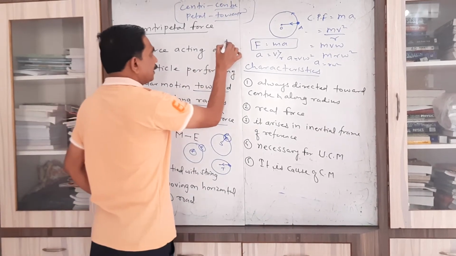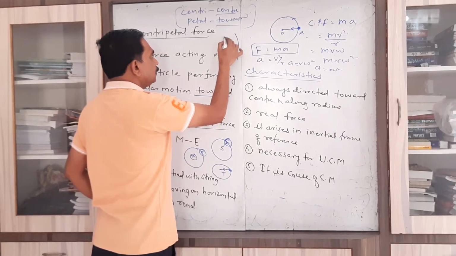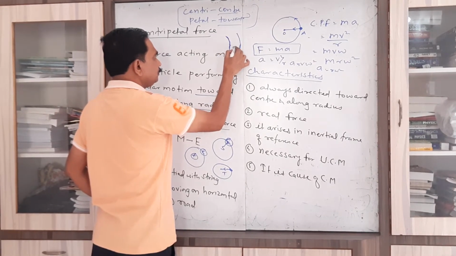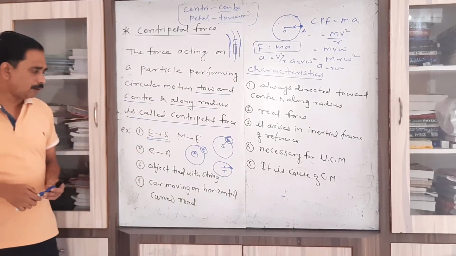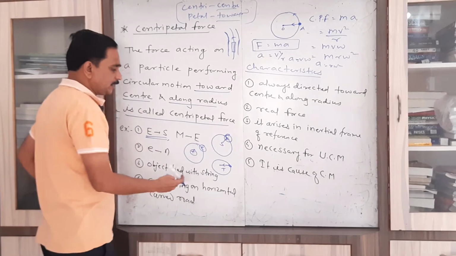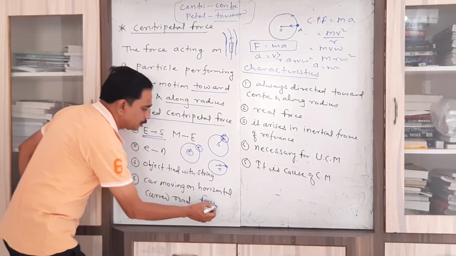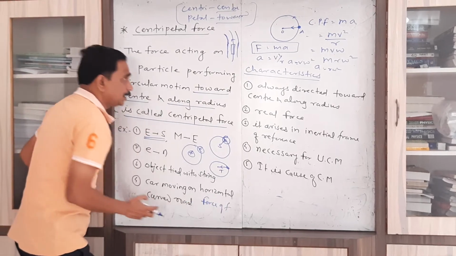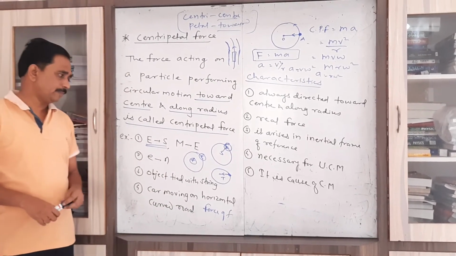When any vehicle is moving along a horizontal curved road, then for the circular motion of that vehicle, the necessary centripetal force is provided by the force of friction. So these are certain examples which we can write in case of the centripetal force.